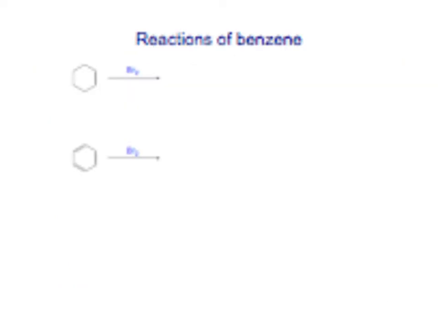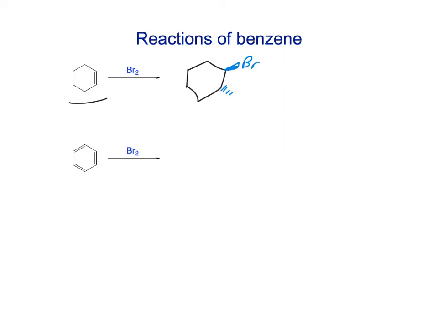We already mentioned, but more or less just in talking, the difference in reactivity between an alkene and benzene. We know that if we react an alkene like cyclohexene with bromine, it should do an electrophilic addition reaction, and we get 2 bromines added, anti to one another.